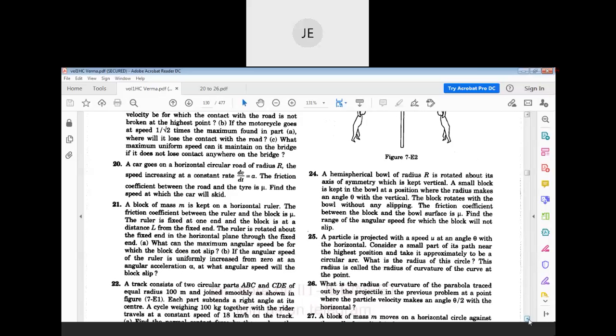The block should not slip. Slip means, see, just like the turning of a vehicle on a curved path. The same thing is here. So there should be a force, like frictional force, to provide the centripetal force.